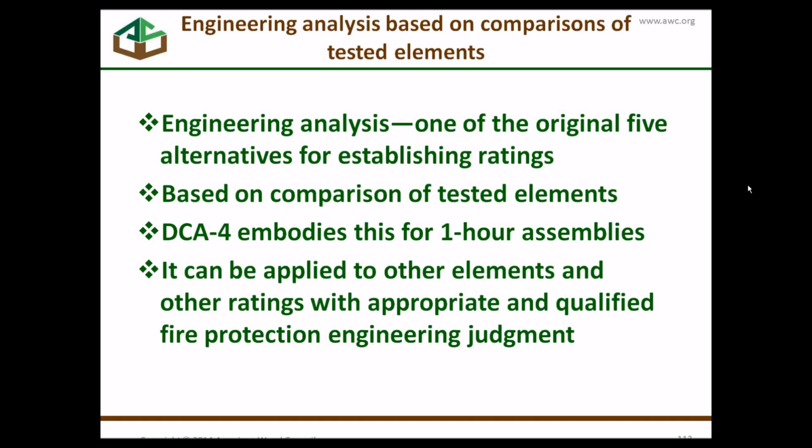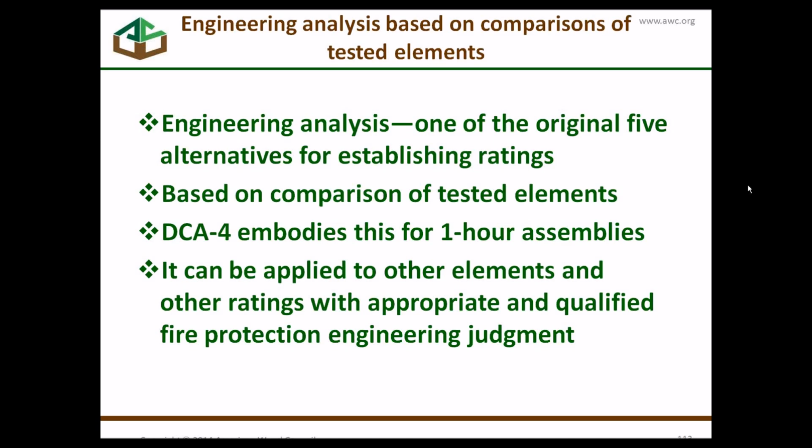Another alternative for establishing fire resistance is an engineering analysis. That's one of the original alternatives in 703.3. The DCA3, which actually lists tested assemblies, embodies this for 1 hour assemblies.